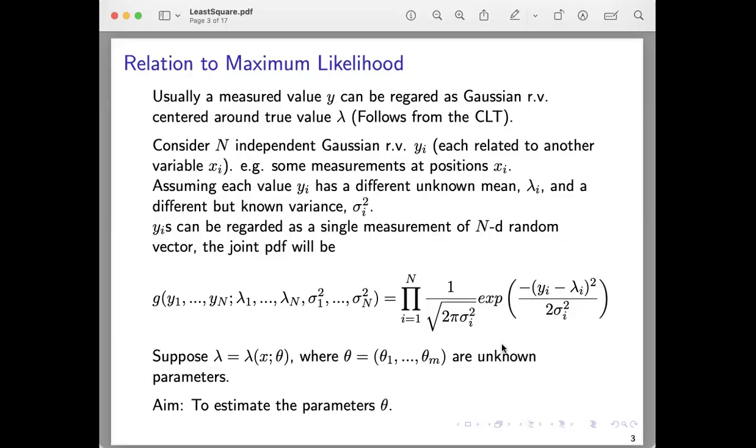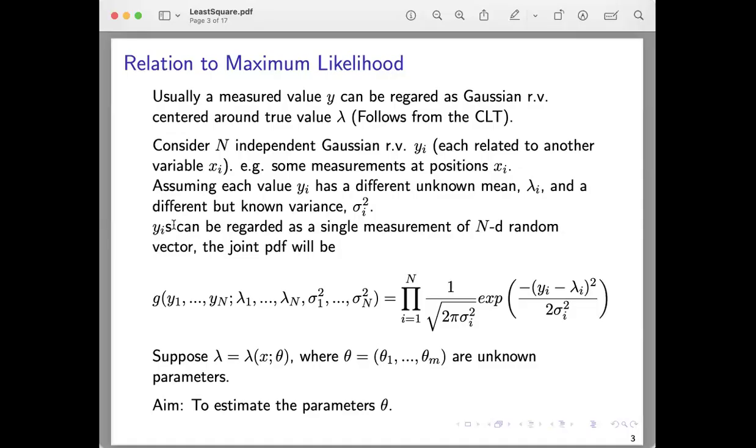Then you assume that these yi's have different unknown means lambda i, and the variances of these Gaussian distributions are known, which are sigma i square. If these are known, and suppose you have n such measurements yi, then you can think of it as a single measurement of an n-dimensional random vector.